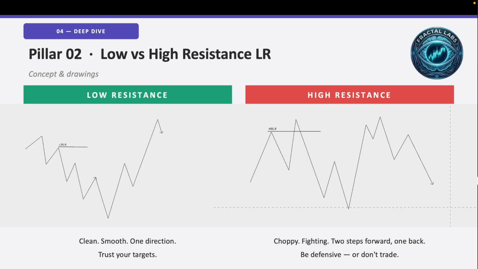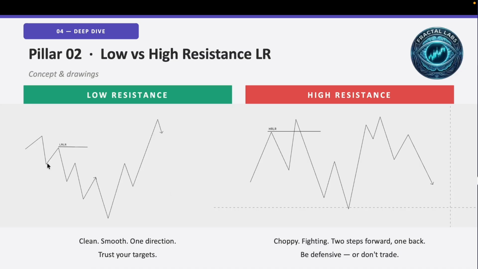Other times it fights, it chops. It moves 2 steps forward, 1 step back. It looks like it's going somewhere, but it's really just grinding, or what ICT calls seek and destroy mode. The difference between a clean move and a choppy one is the difference between a low resistance and a high resistance liquidity run. So this is the drawing example.